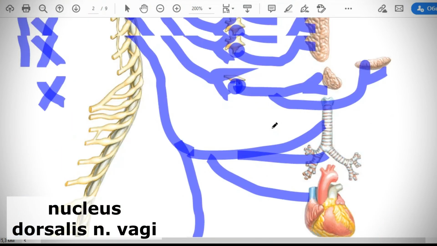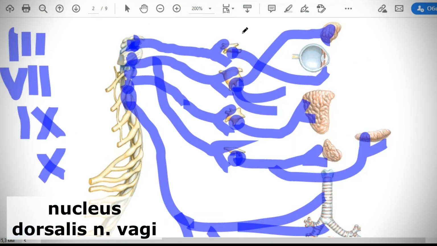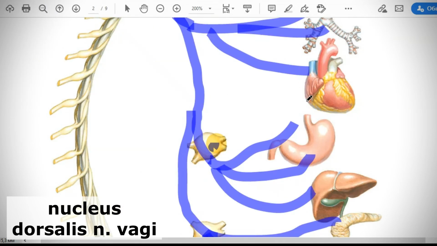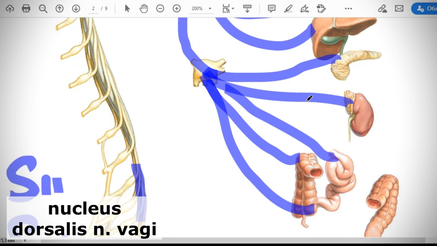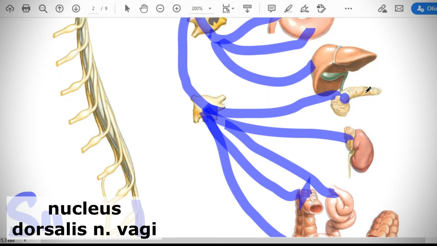There will be no such ganglion like the ciliary ganglion, pterygopalatine, or oticum. There will be no such big ganglia. There will be small plexuses or small groups of cells that are located inside the wall of your intestines or near internal organs.